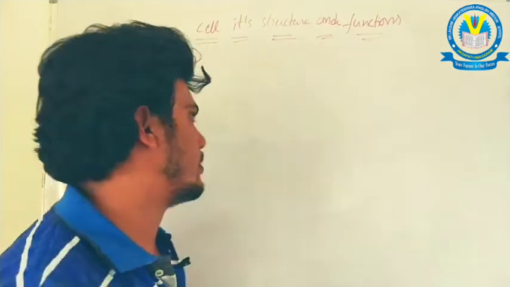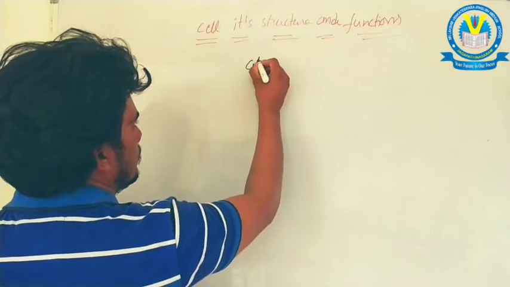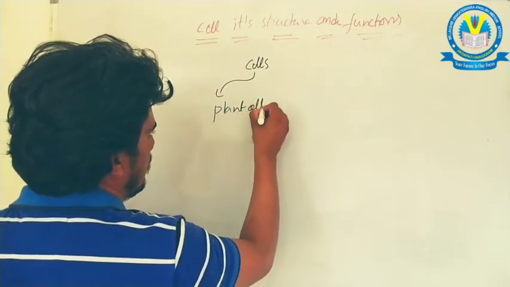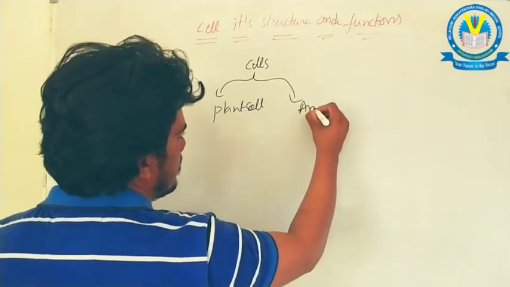There are two types of cells: plant cell and animal cell.